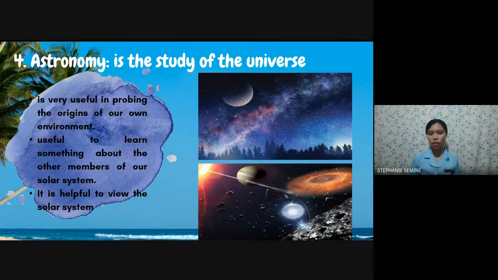The science of astronomy, the study of the universe, is very useful in proving the origins of our own environment. Okay, so if you think of astronomy, our resident aliens would want you to take a trip to their own galaxy.